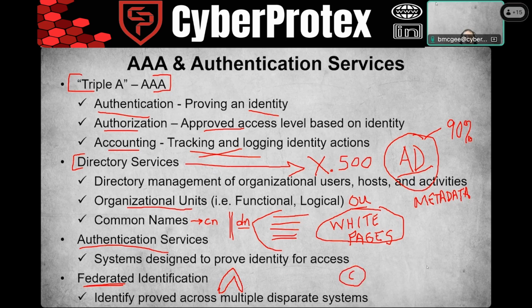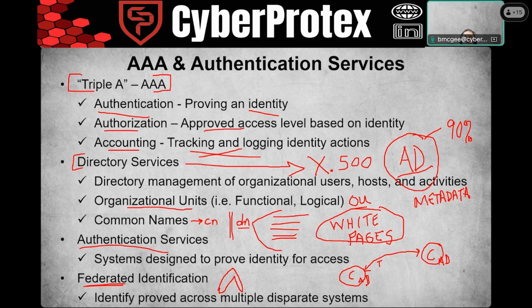This federated identity is something that allows us to, if you have a corporation and I have a corporation, and both of these are running Active Directory underneath it, or some sort of directory server, it didn't just have to be Active Directory, we can build what's called a trust relationship between these two.